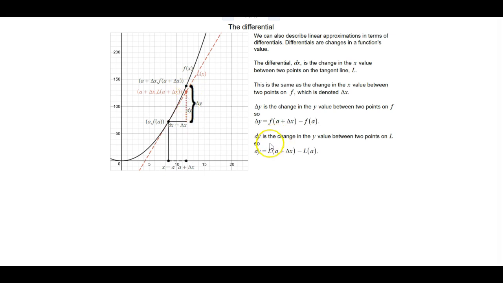And that's just basically the change in the y value between 2 points on the tangent line. So dy is defined as L of a plus delta x minus L of a. So it's just that vertical change as you go from one point to the other on the tangent line. And it's this dy that we'll be using for approximations to our function.